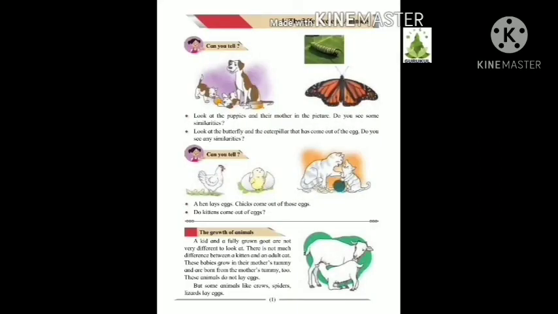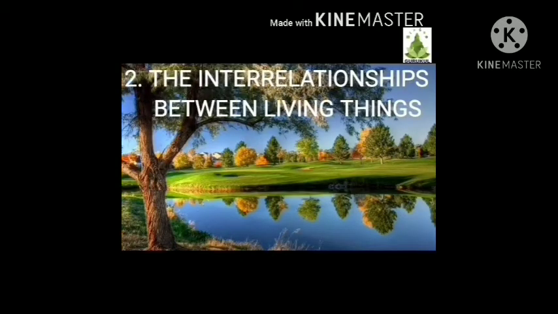Students, in the last lesson, that is the life cycle of animals, we had learned about hatching, the life cycle of different insects and animals. Let's start with today's lesson, that is interrelationships between living things.